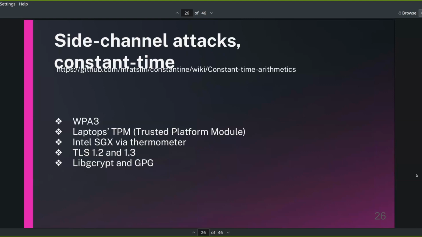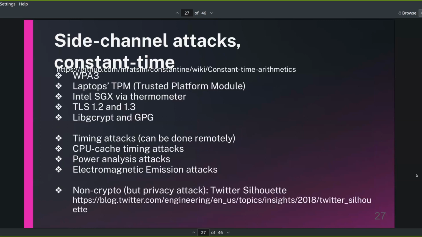The other thing is something called side channel attacks and constant time. There are many ways to break cryptography, but there are theoretical ways and there are actual ways.